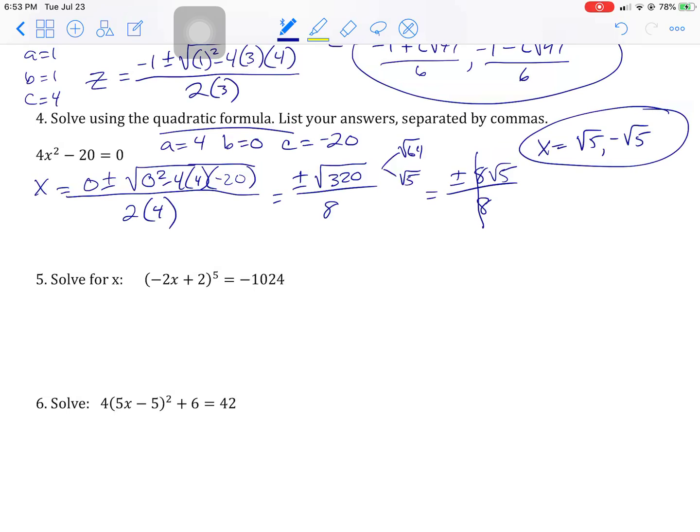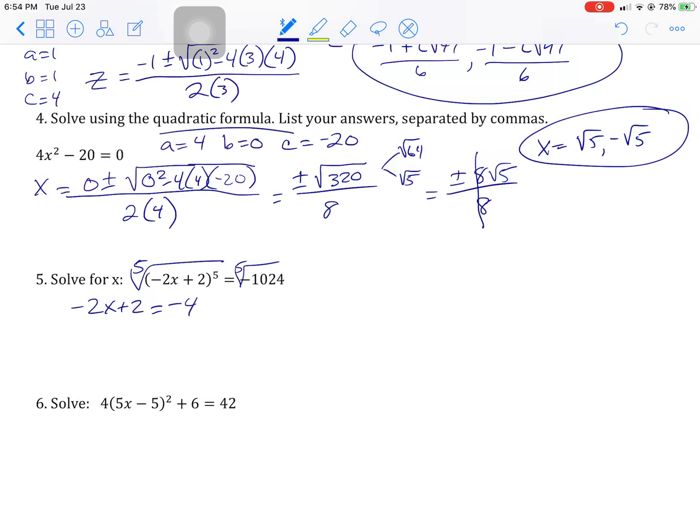So moving on to the square root property. Square root property is the even root property, and then the odd root property. So 5 is an odd root property. Taking the root, this will leave 2x plus 2 equals the fifth root of -1024. Odd roots are allowed to have a negative as their root.